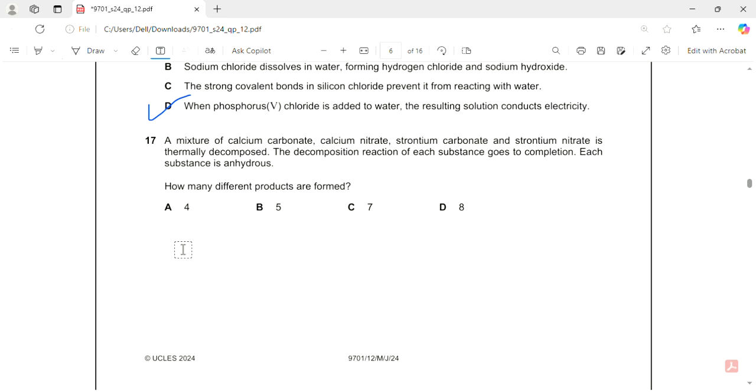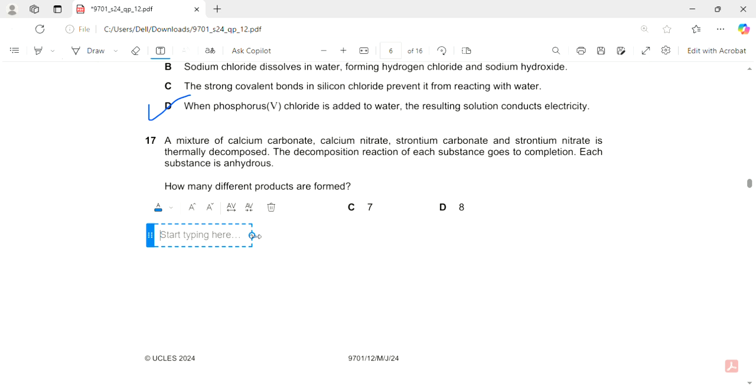First of all, we check the calcium carbonate, CaCO3. Yes, carbonate is CaCO3.